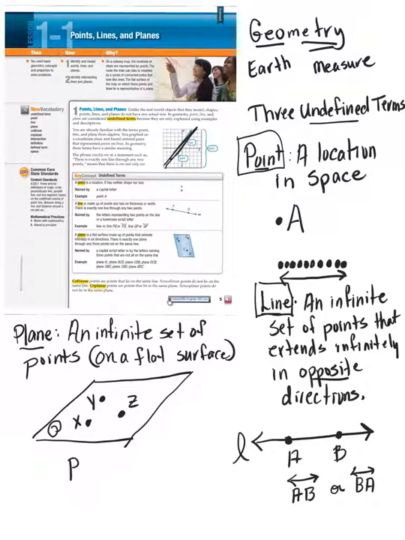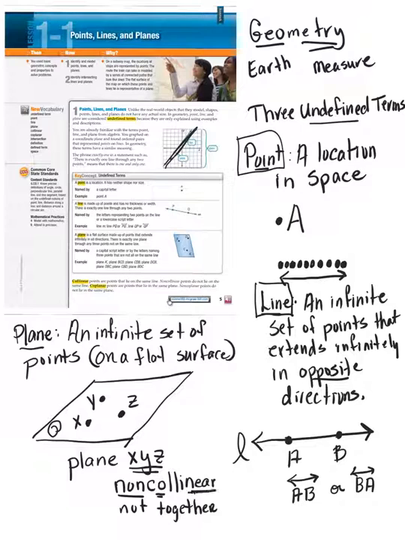So I can call this plane X, Y, Z. These 3 points cannot be in the same line. So we say they have to be non-collinear. Think about your foreign language. Non meaning not, co meaning together.